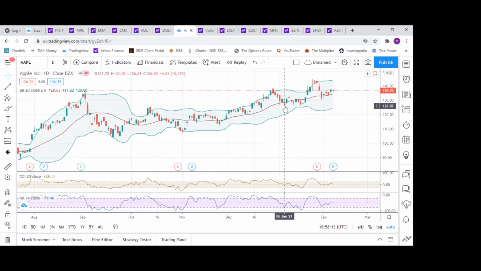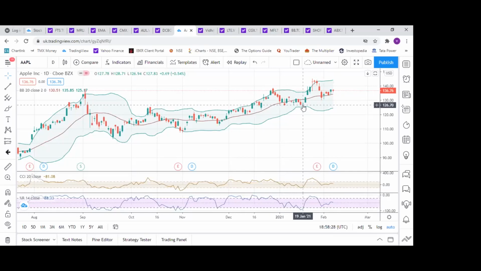The low of this candle is 126, this one is 126, this one is 127, and this candle is 126.94.